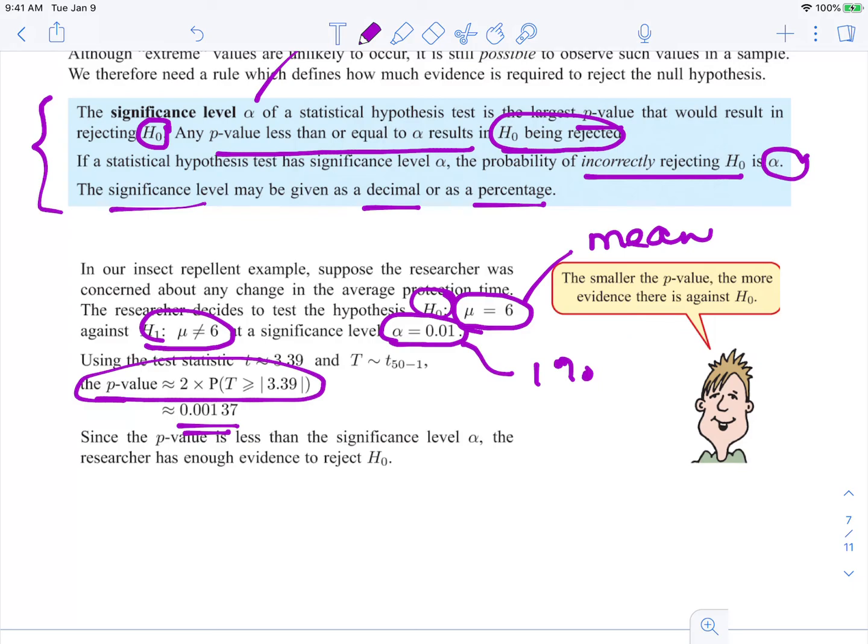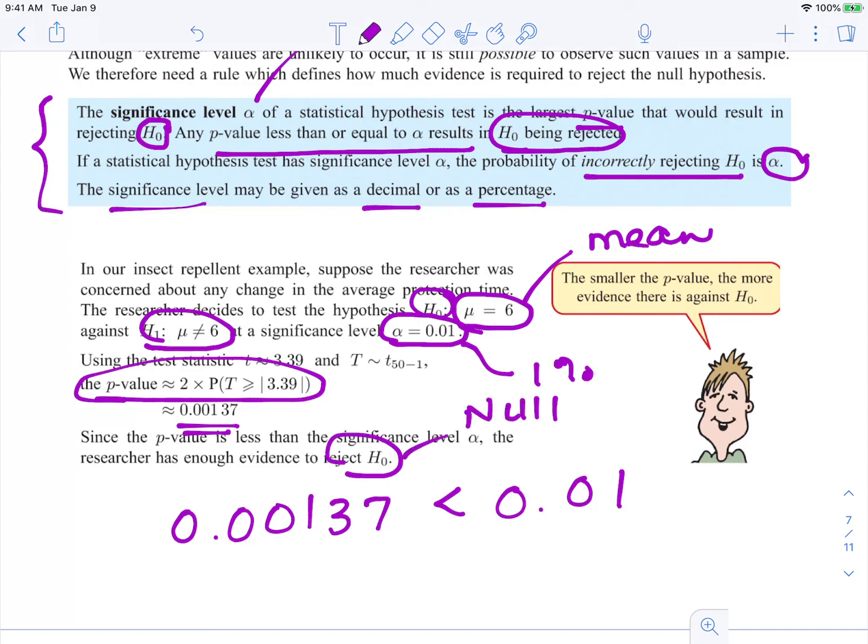Since that p-value is less than 1%, then we would reject the null hypothesis and accept the alternative, that the average is not 6 hours.